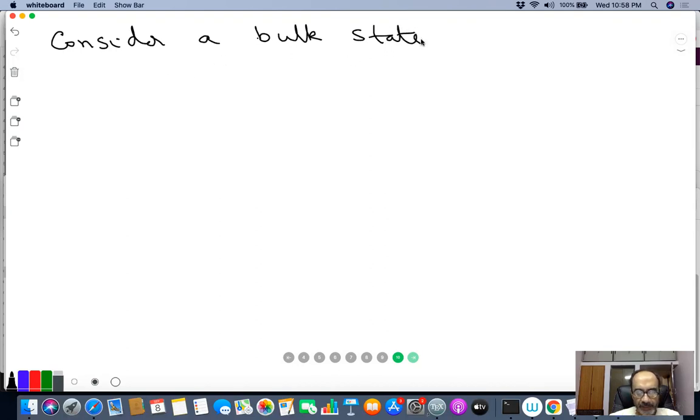Okay, later on we'll take an entangled bulk state. But right now I take the bulk state to be a sum over, write it there.